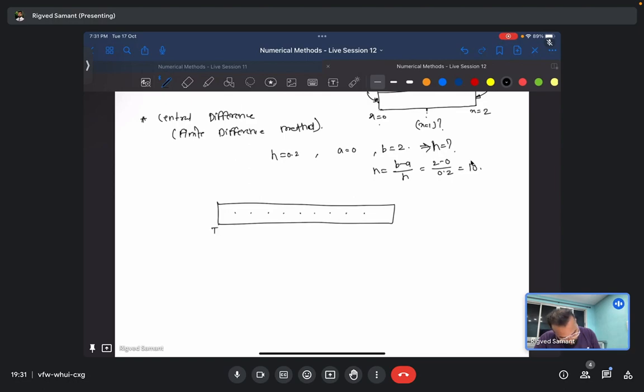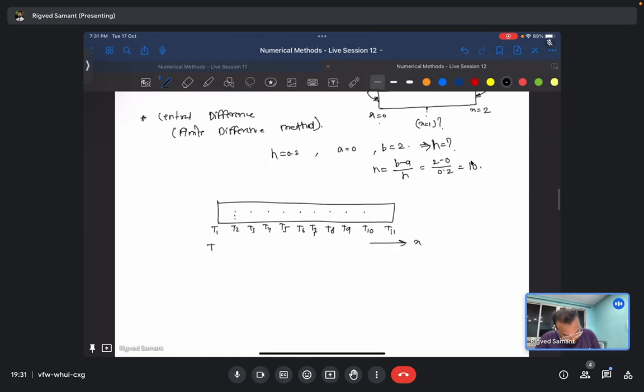The temperature at this point is T1, at this point it is T2, T3, T4, T5, T6, T7, T8, T9, T10, T11. These are indices. T1 means T at the first point, T2 means T at the second point. I hope you understand. So this is T at the eleventh point.